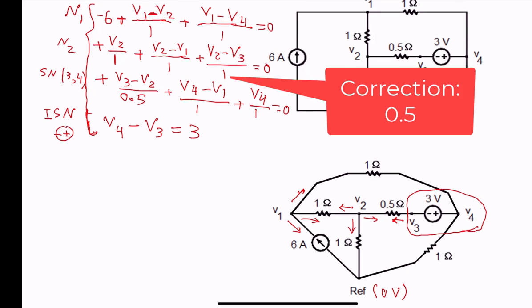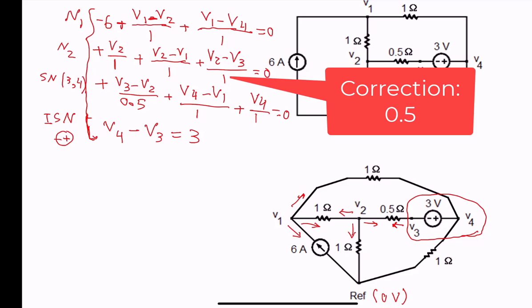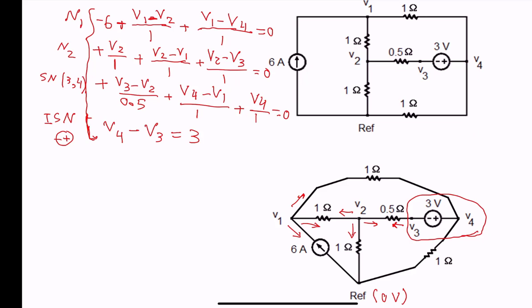Advantage of using currents leaving the node is for Kirchhoff's current law, we can quickly check for a sign mistake. For node 1, we should have positive V1 or positive V1 minus something. So check quickly for a sign mistake.